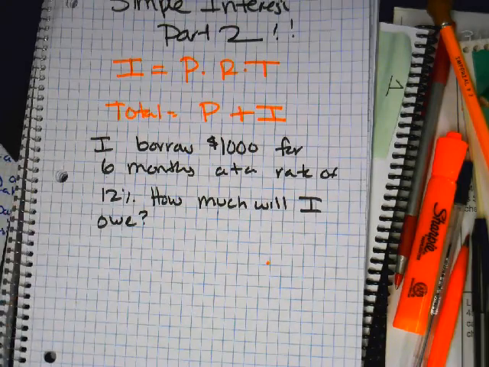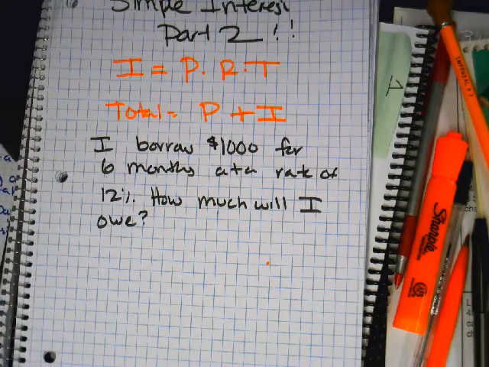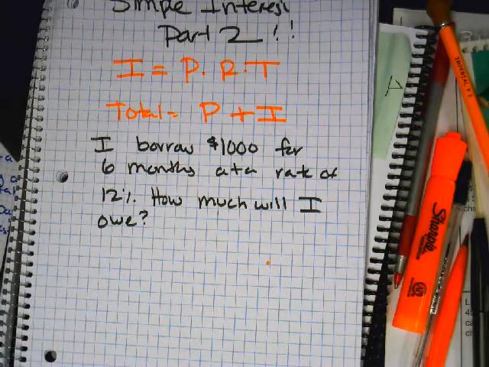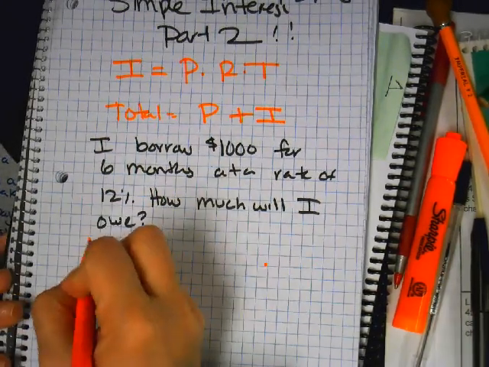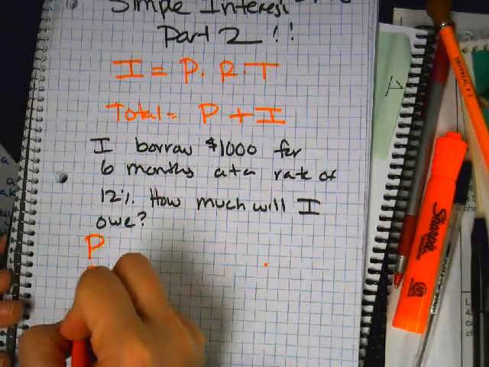So what's the difference here? It's months. Half a year. So we need the principal, the rate, and the time.